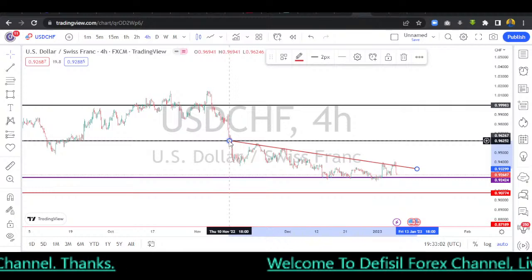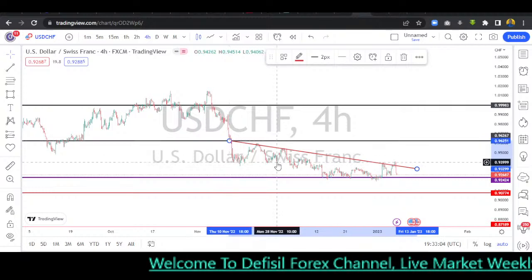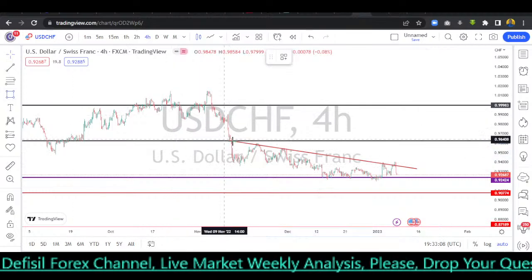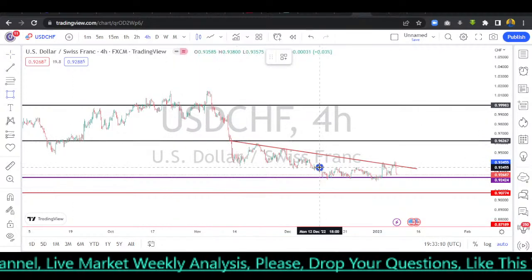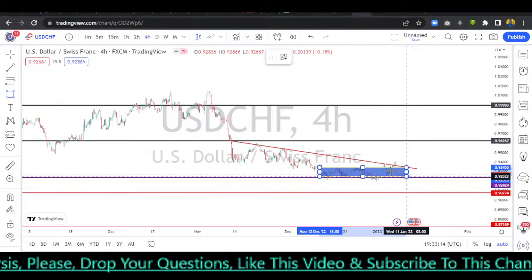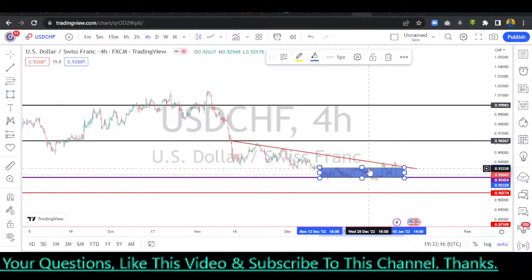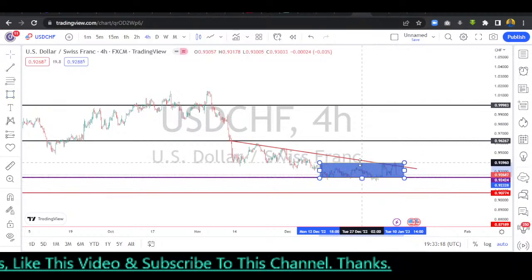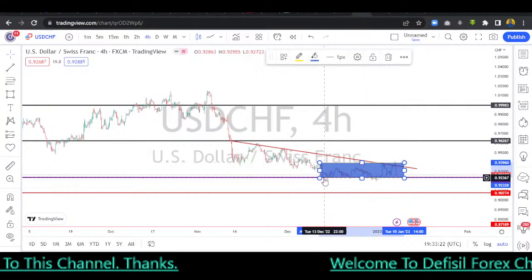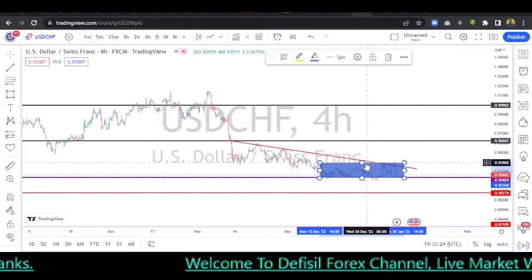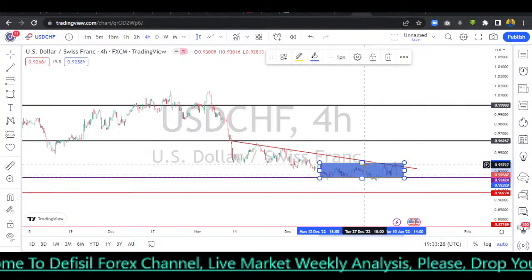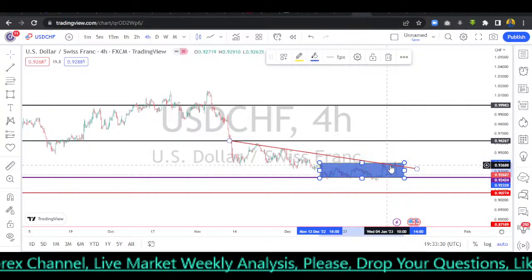However, I'm equally seeing a mini range close to the purple line. I'm seeing that this market is currently ranging around this area, between this point and this point.